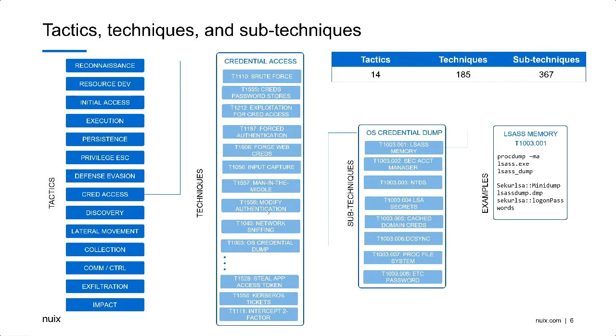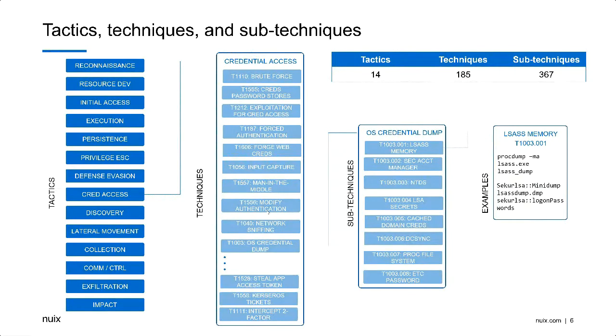Then if we take credential dumping and we look at that, now we're really just talking about getting credentials out of an individual computer system's operating system. And you can see the different sub-techniques that have been cataloged for doing that. One of which is dumping out a process called LSASS, which contains the credentials of the logged in user, as well as the credentials of other users who have logged into a system over time.